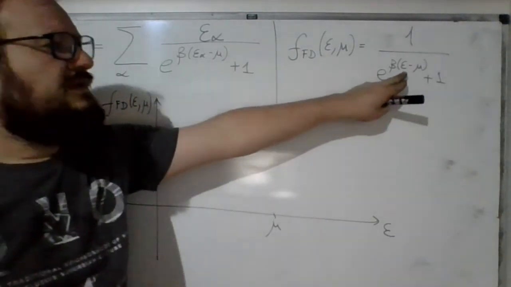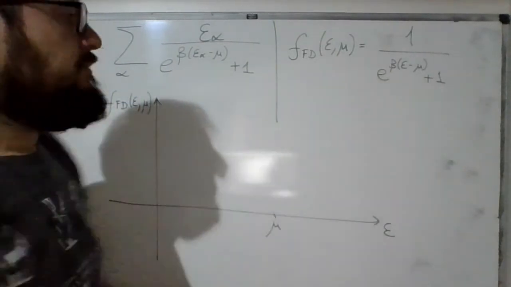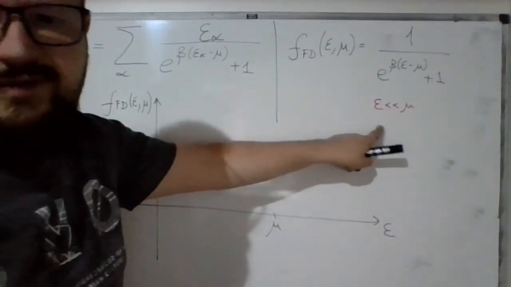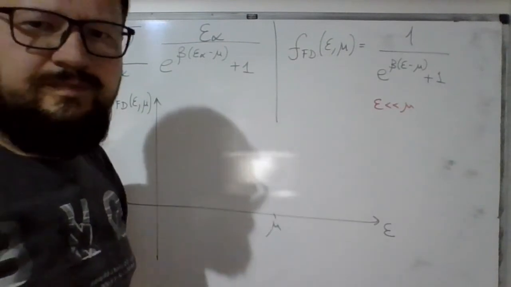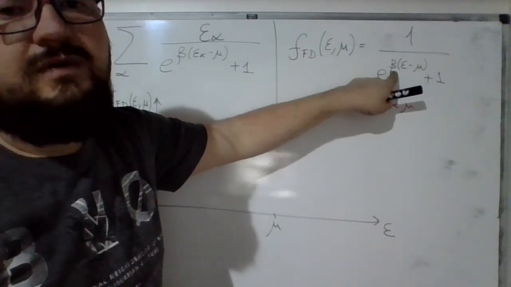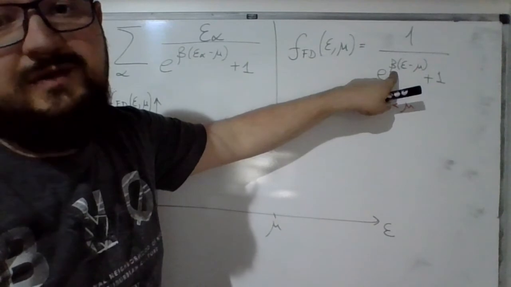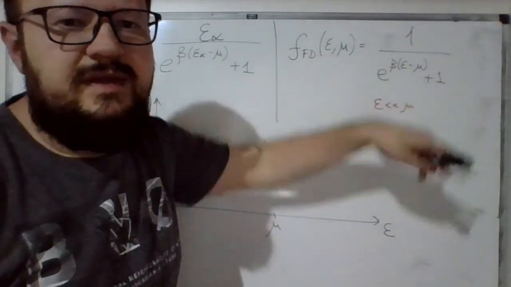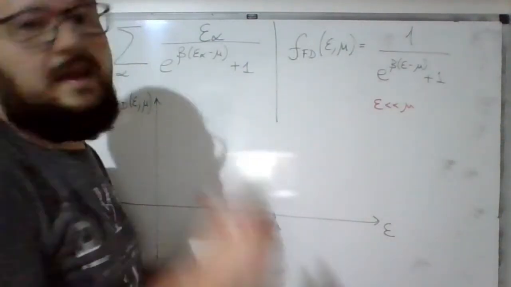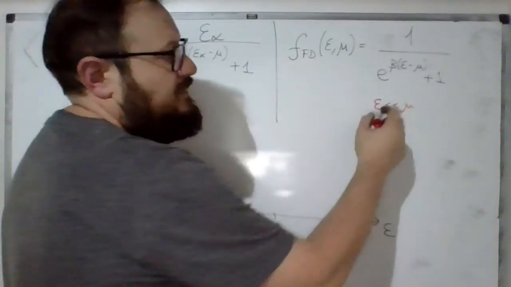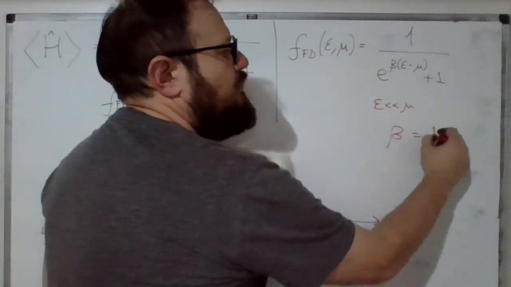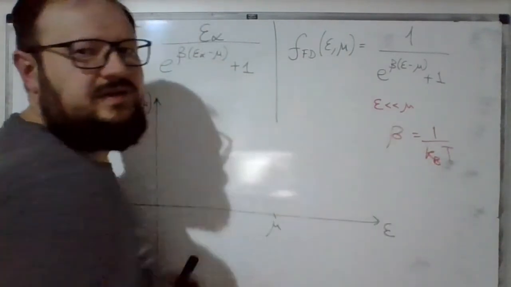This function, notice, if energies are much smaller than the chemical potential, you have this number is very negative, and beta, for low temperatures, is a large number because beta is 1 over kT, Boltzmann constant times temperature.